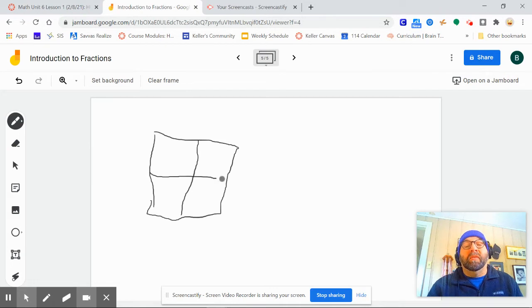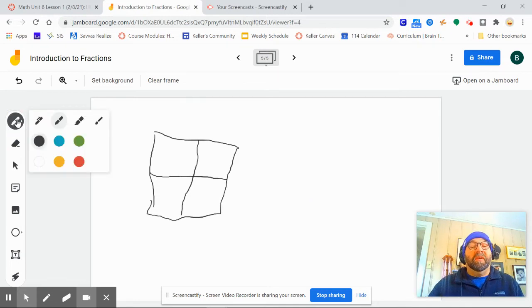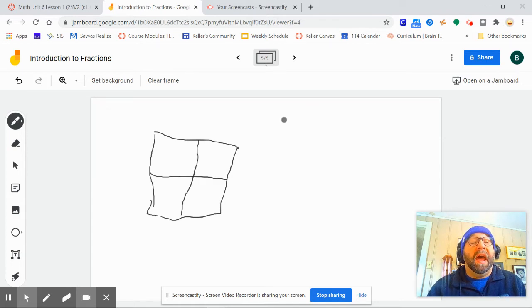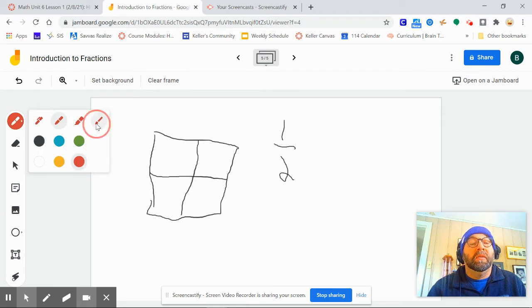So we can see that we have our rectangle, and we have it cut into 4 different pieces. Now, say for instance, I wanted to show 1/2. So I'm looking for 1/2. Well, the simple thing would be to just color in.